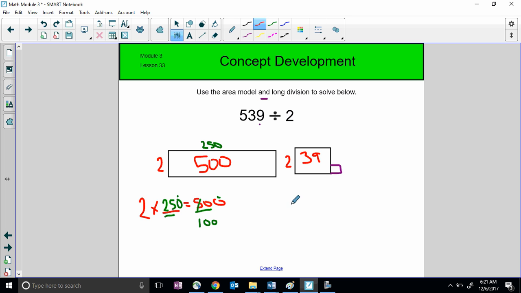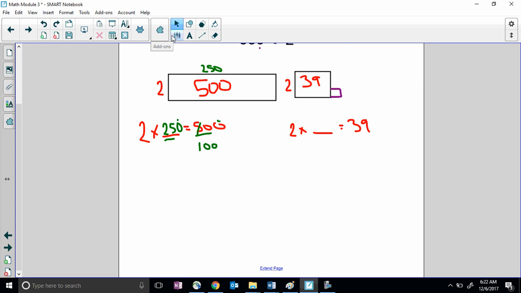I know that 2 times something gives me 39. But I don't know without counting on my fingers and having to keep tally marks what it is. So when you're in a place that you can't count that high without taking a very long time, we'll do long division.